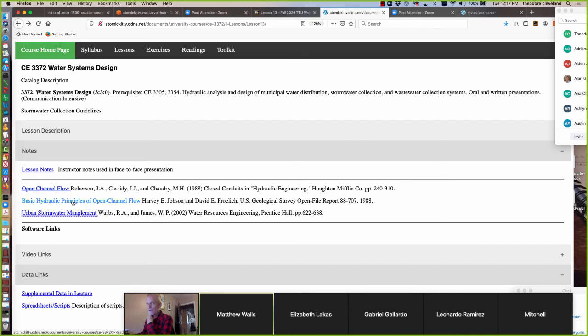And then I would recommend that you take a look at this basic principles of open channel flow, familiarize yourself enough with it so you know your way around the document if you have to refer to it in the future. And then if you feel up to it after those 2 readings, maybe work your way through urban stormwater management. If you were to download the PDF, I think you could reorder it so that it presents in sequential order. At least the page numbers are included.